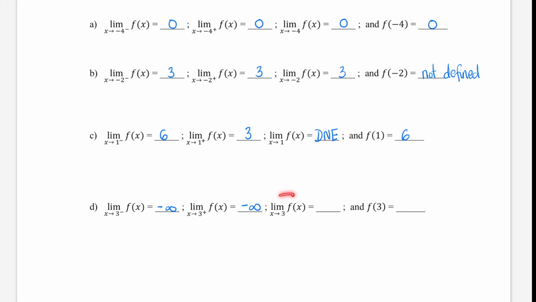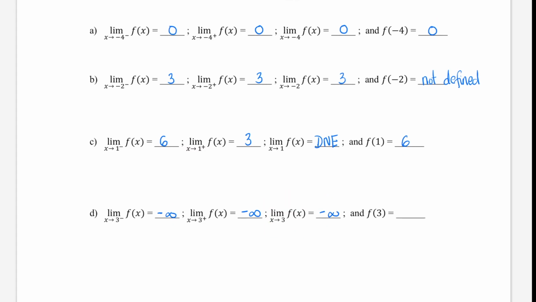For the limit of f of x as x approaches 3, since the left-hand limit is -infinity and the right-hand limit is also -infinity, the limit of f of x as x approaches 3 is -infinity. Remember, -infinity means the function decreases without bound. It also means that the limit does not exist here.